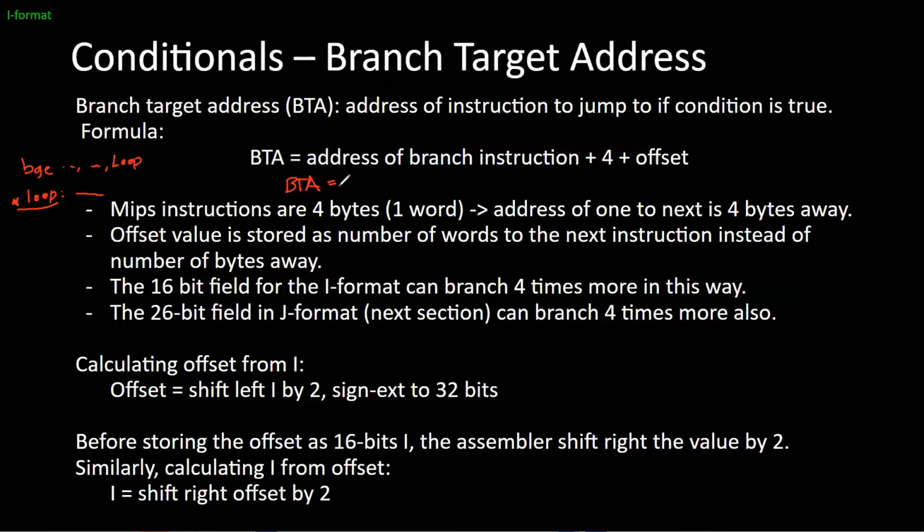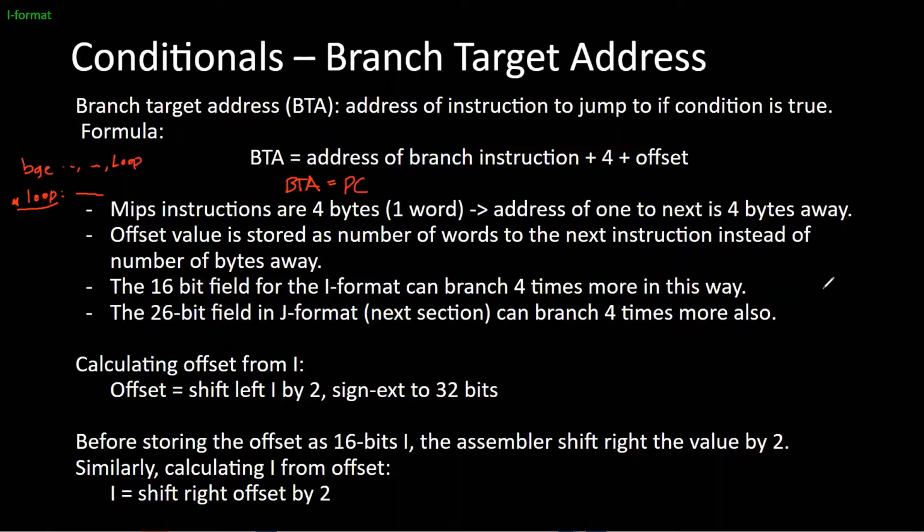So BTA is equal to the address of the branch, which is basically the PC, or program counter. That means it's going to be the current line of the code.